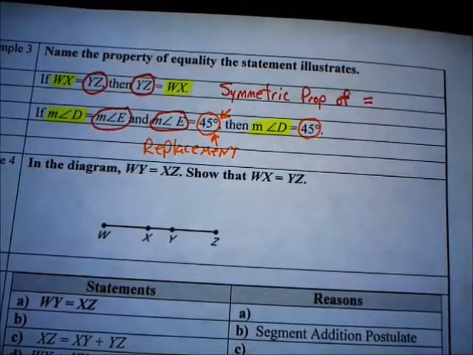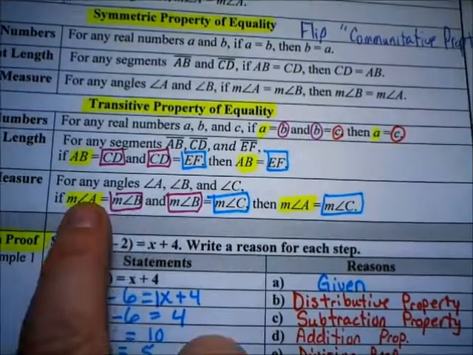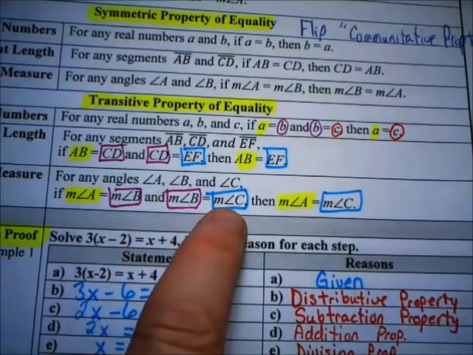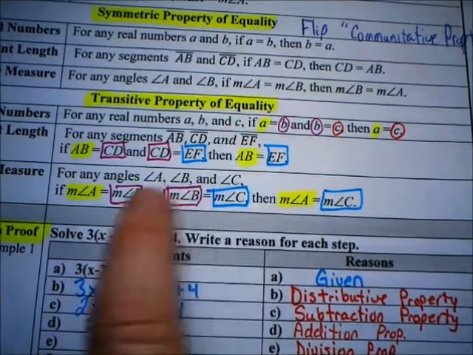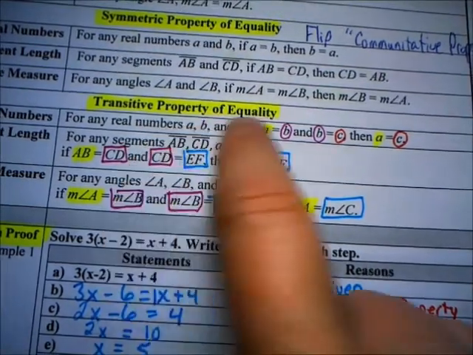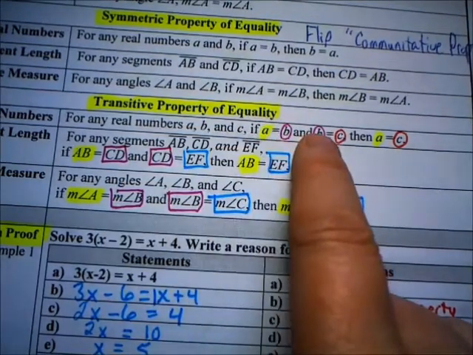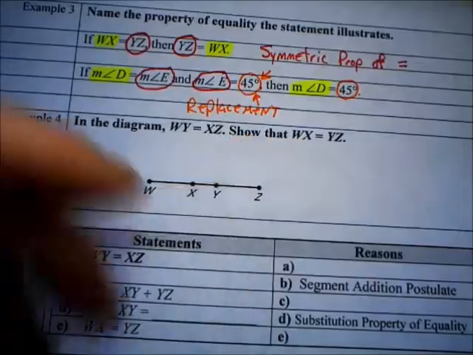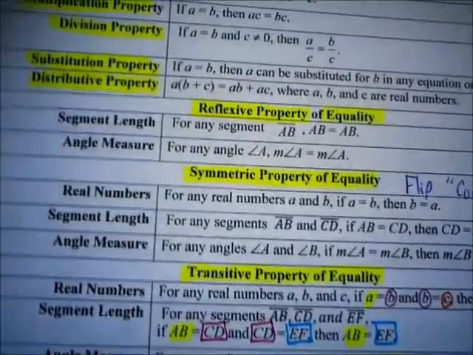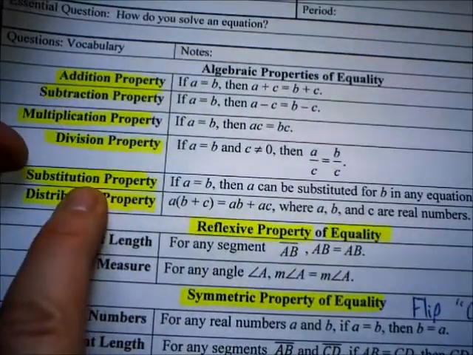To use the transitive property, you must have all the same type of items. You can't change and go to segments or go to numbers. It has to be all angles, or all segments, or all numbers. It can't mix between the different types. If it is replacing, that means this is substitution. It replaces an item.